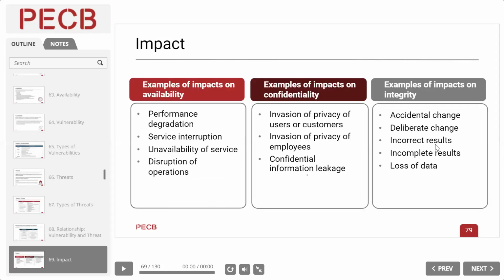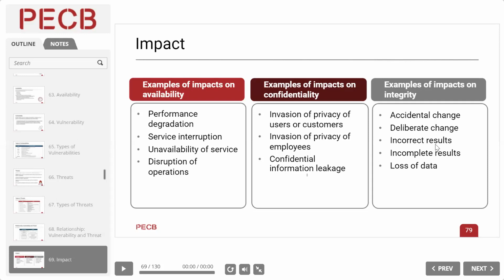So after we've identified the vulnerabilities and the threats, we need to look at impact. We need to understand what the impact is when the threat exploits the vulnerability.